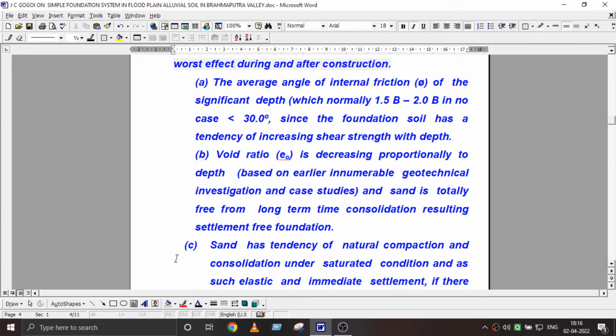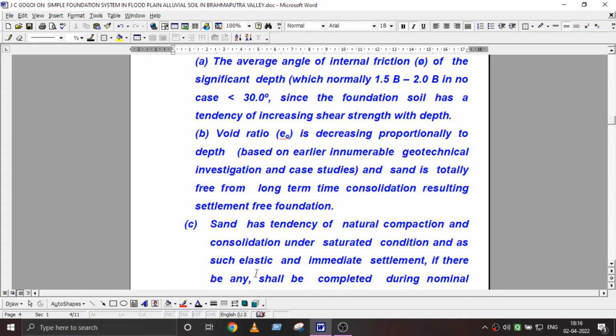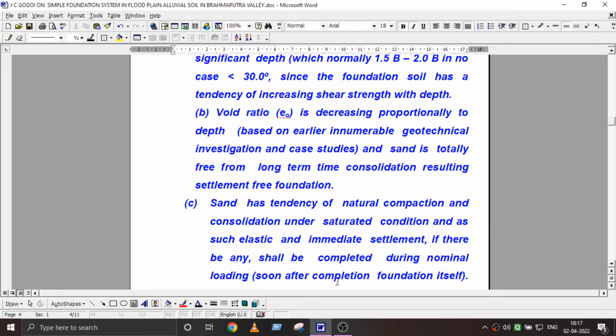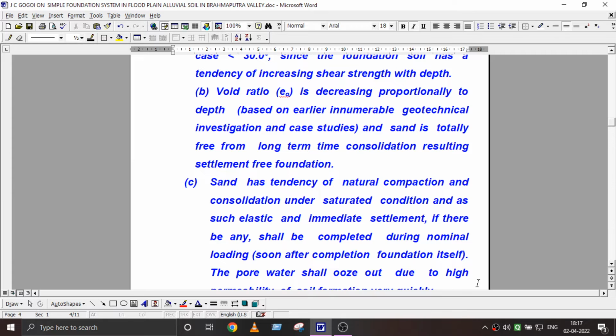So another point: sand has a tendency of natural compaction and consolidation under saturated condition, and as such elastic and immediate settlement, if there be any, shall be completed during the nominal loading soon after completion of foundation, as I already discussed.